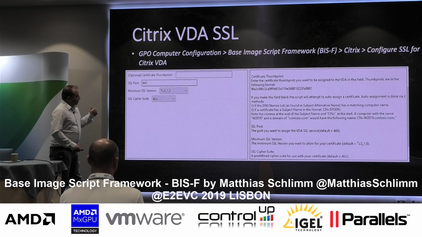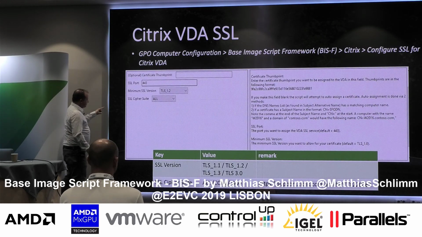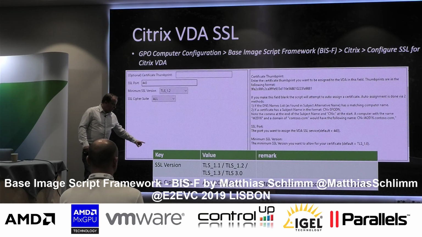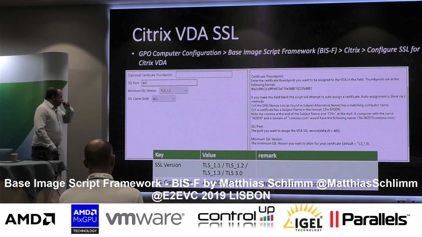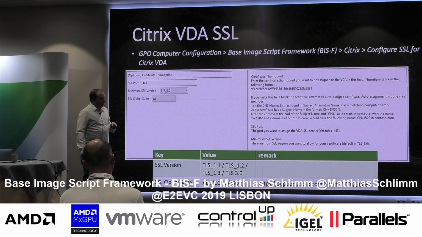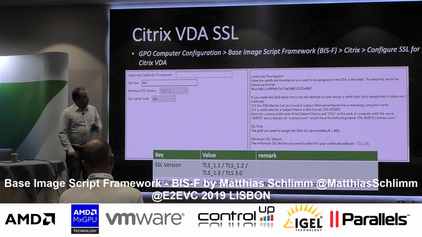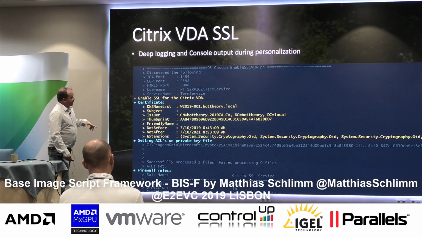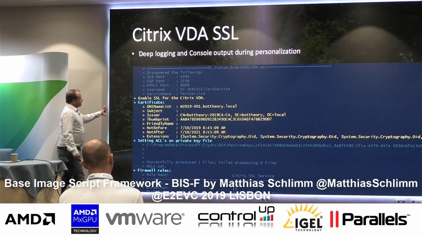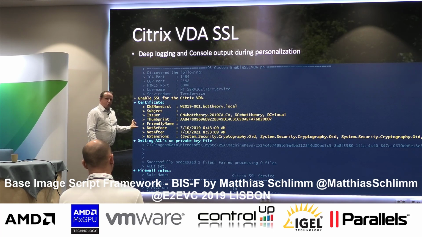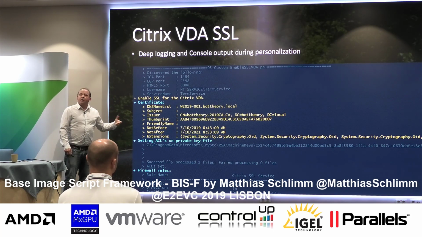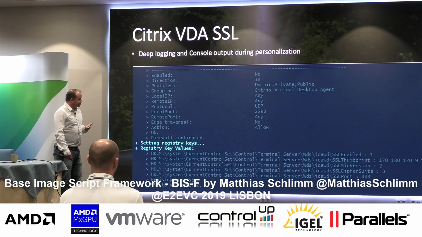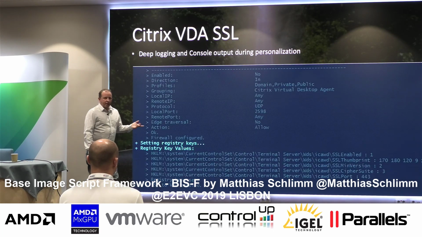In addition, you can configure different SSL versions and all the ciphers that are available here in the HTMX itself. This helps you a lot if you're running BIS-F at computer startup. All this information that you're seeing here on the console would be written to the BIS-F log. If something goes wrong, you get the log from BIS-F, and all the information you see on the console you can also see in the log file itself. That's also very helpful if something goes wrong.